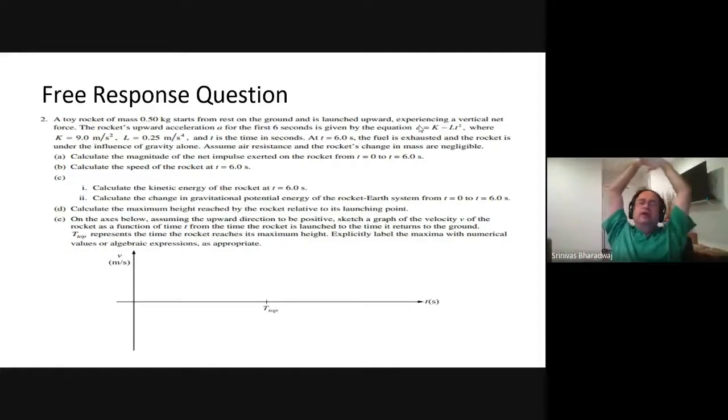So dv/dt equals k minus lt squared, so dv/ds times ds/dt, so v dv will give you k minus lt squared. Now, you already calculated the speed in B when you did the integral: v as a function of t. So v is equal to kt minus lt cubed by 3.